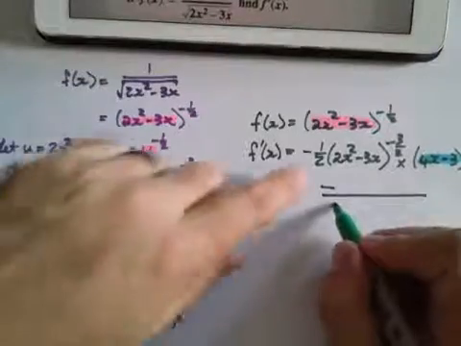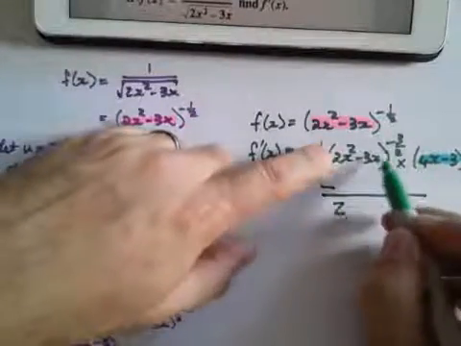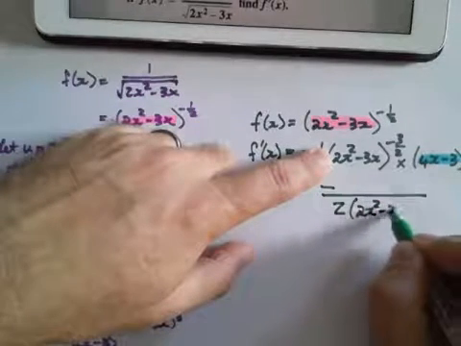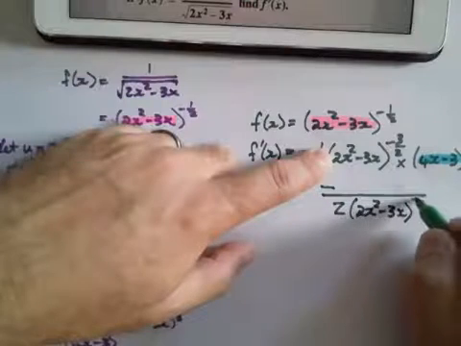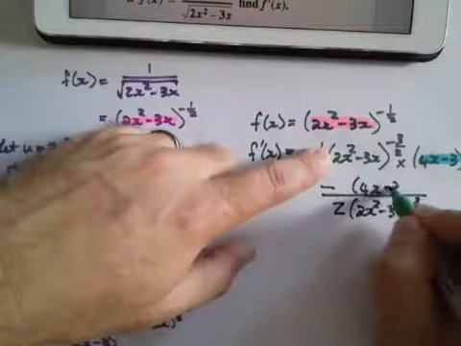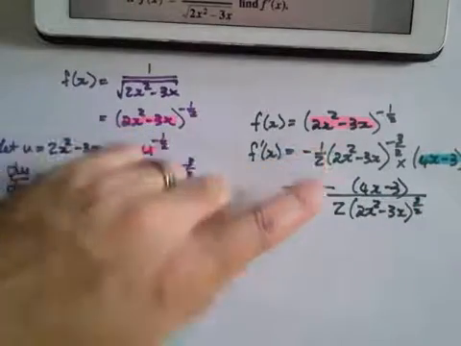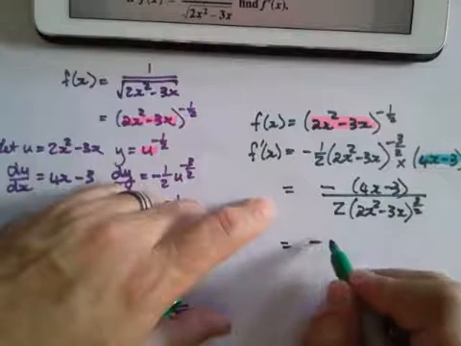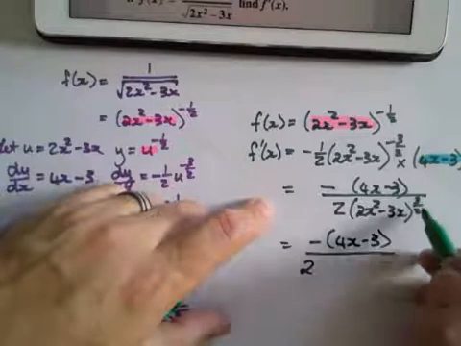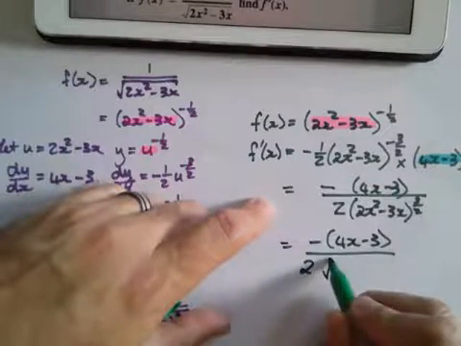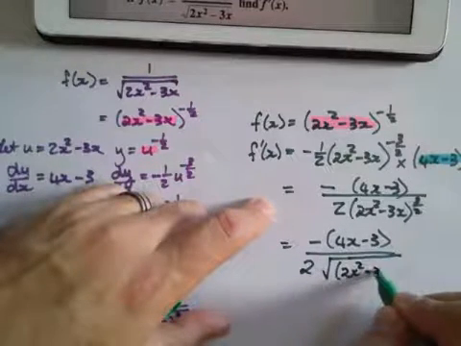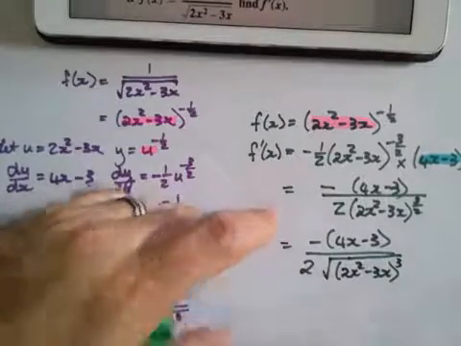This negative 3 over 2 is for this bracket, so that bracket's going to go underneath the line and become positive 3 over 2. And 4x minus 3 is above the line. I'm going to rewrite that as minus (4x minus 3) over 2, and the power 3 over 2 is the same as the square root of this whole thing, 2x squared minus 3x, and that stays cubed.